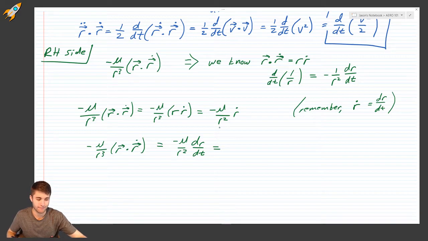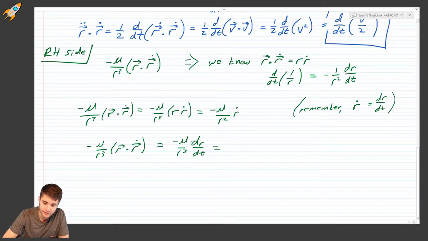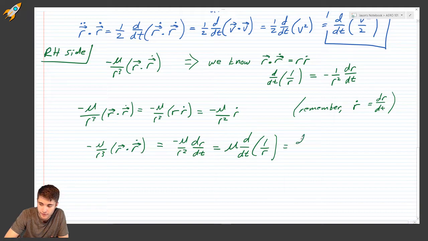So anyway, guys, we're trying to put everything on an equal playing field here. And check this out. This right here is just this multiplied by mu. So really, that's just equal to mu times d over dt of 1 over r. And mu is a constant, so we can write d over dt of mu over r.